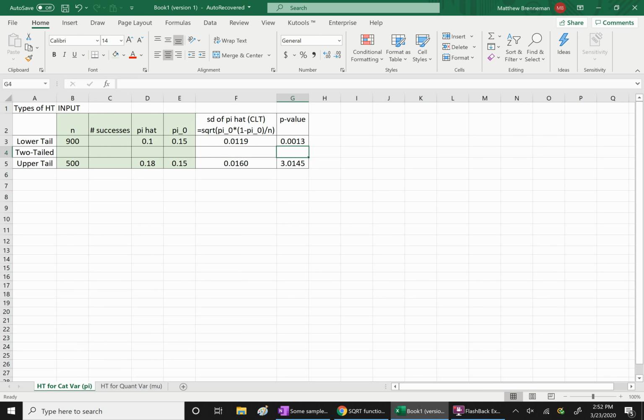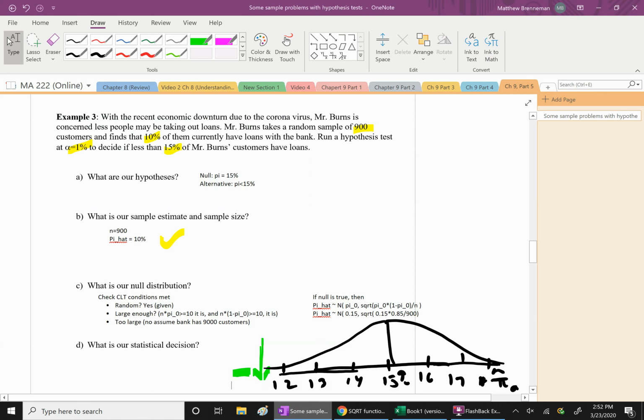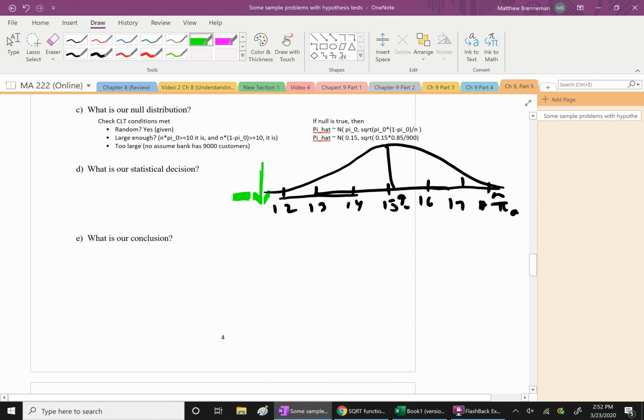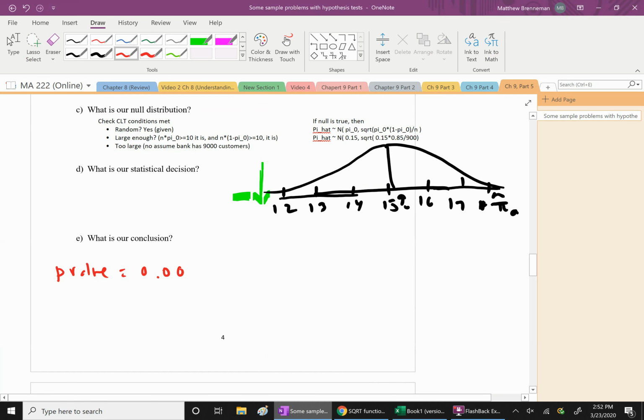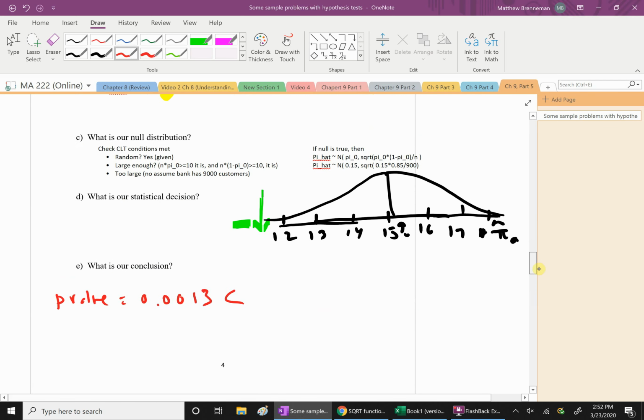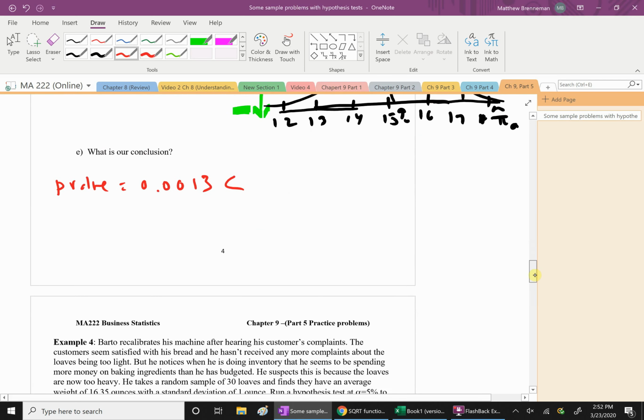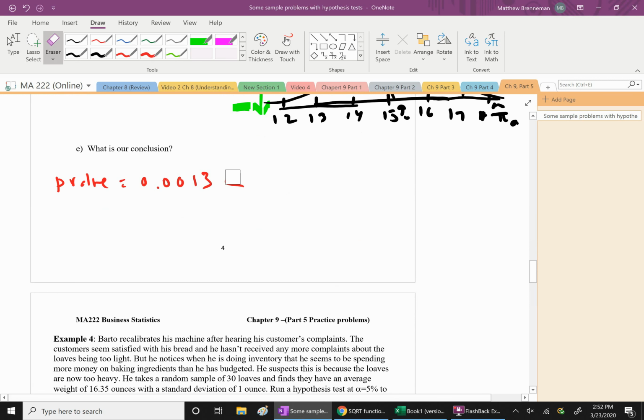So we can go back now and make our statistical decision. The p-value, which is equal to 0.0013, very, very small, is less than any value of alpha we could choose. In this case, it's an alpha of 1%. By the way, this is a percent, so it's important to always keep that in mind.